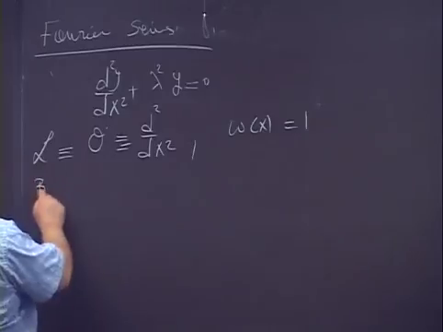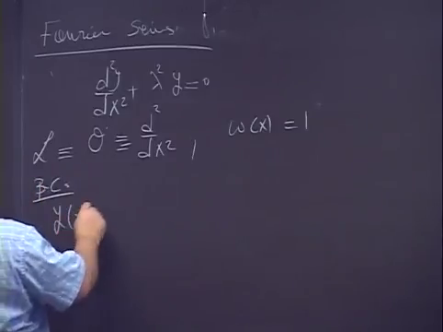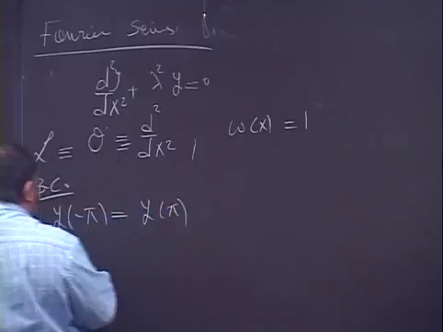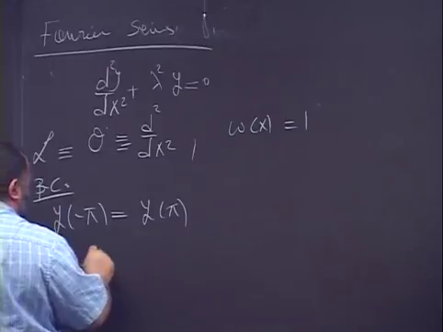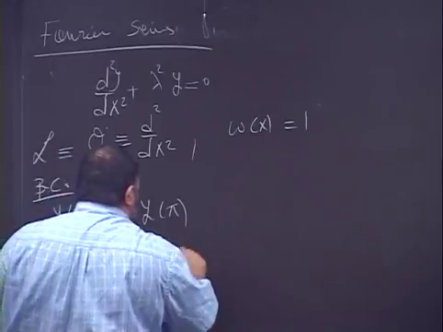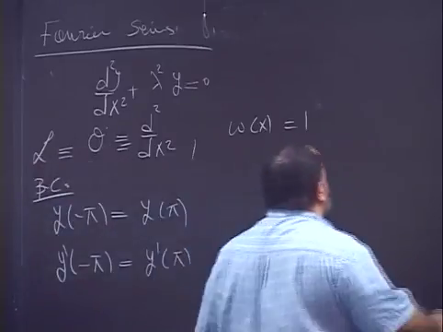We stated that our boundary conditions are y at negative pi equal to y at pi, and y prime at negative pi equal to y prime at pi.